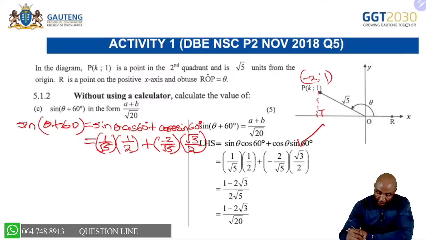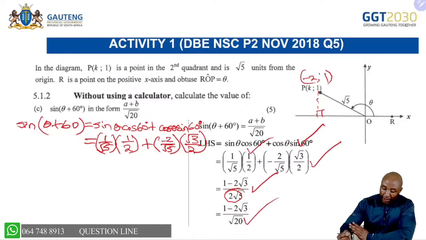So we get expansion, substitution of our special angles, simplification. So remember here, special angles as well as that sine theta and cos theta, we are going to get 2 marks for them. Simplification to get there, and then we should be able now to change that to square root 20, and then we'll get our 5th mark there.